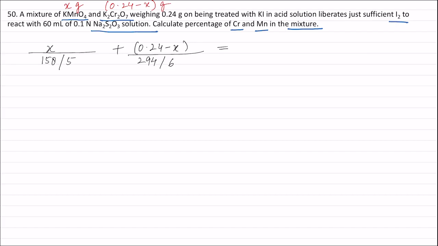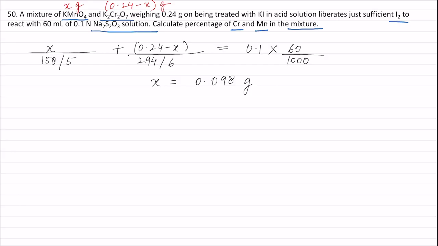Now equivalence of Na2S2O3 solution will be normality of Na2S2O3 solution, that is 0.1 N, into volume of Na2S2O3 solution in liters, that is 60 by 1000 liters. Solving this equation, the value of x is equal to 0.098 grams.